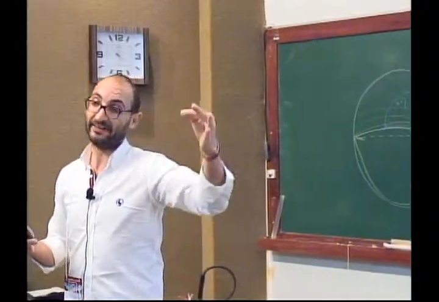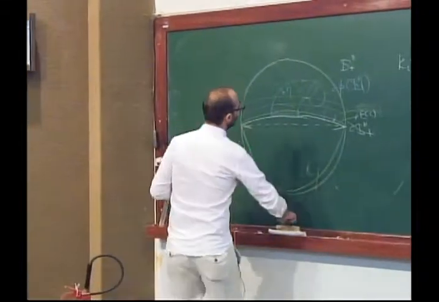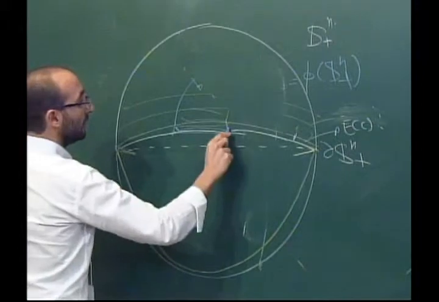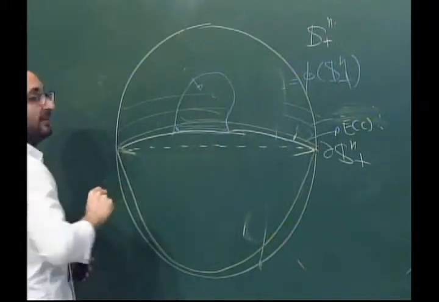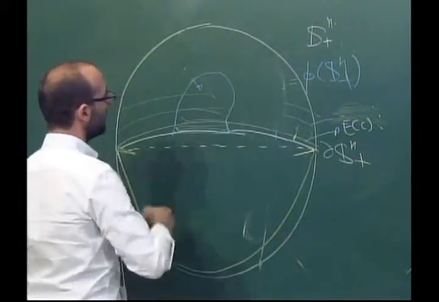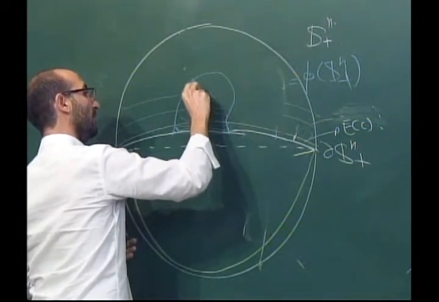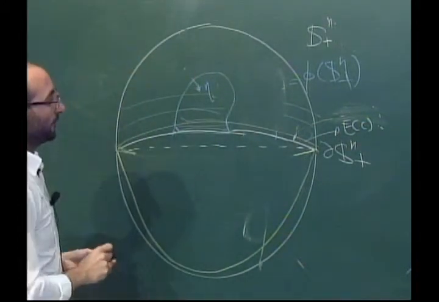And you have to end this surface because it's compact. So the last cut has to be only one point. So it implies that the surface has to be something like this, with the orientation pointing in this way.